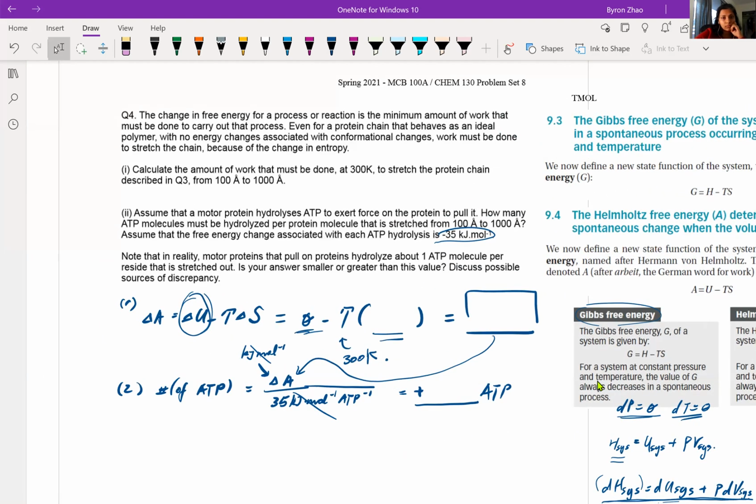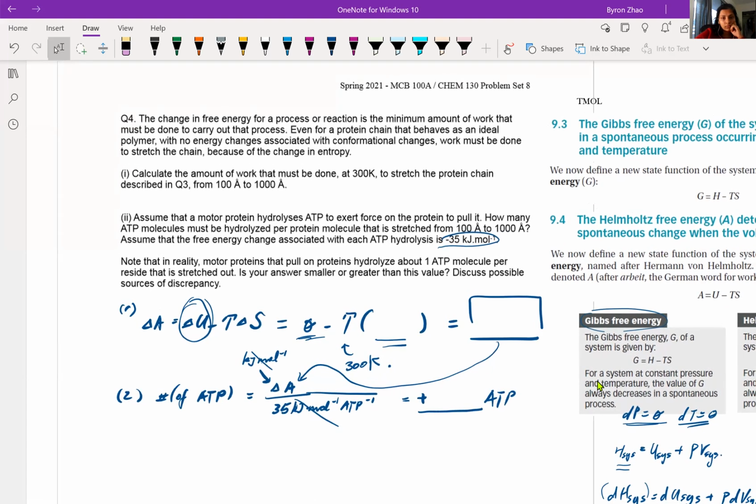So yeah, I can talk a little bit more about that. First of all, in the question, we assume there's no energy change associated with the conformational changes. That means delta U is 0. We agree with that piece of information. And therefore, we're only considering the change in entropy of this protein polymer.